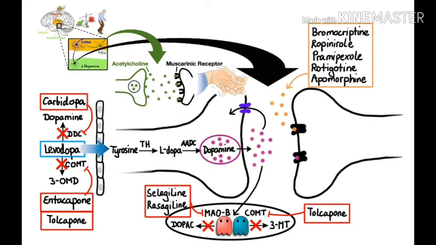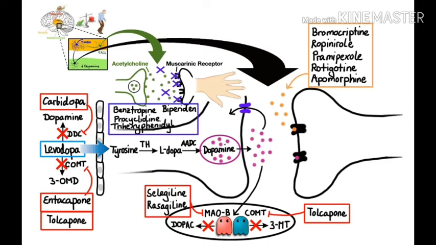This is where anti-muscarinic agents come into play by blocking the muscarinic acetylcholine receptors and cholinergic nerve activity. As a result, these anticholinergic agents restore the balance between acetylcholine and dopamine, which may improve the symptoms of Parkinson's disease. Drugs that belong to this class include benztropine, biperiden, procyclidine, and trihexyphenidyl.